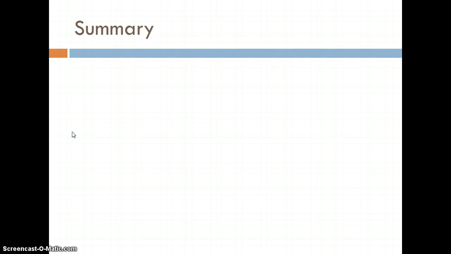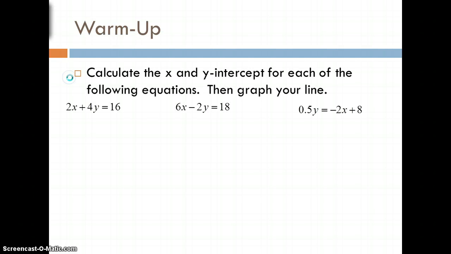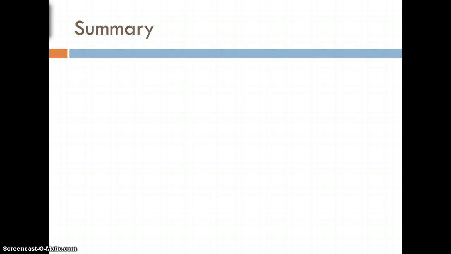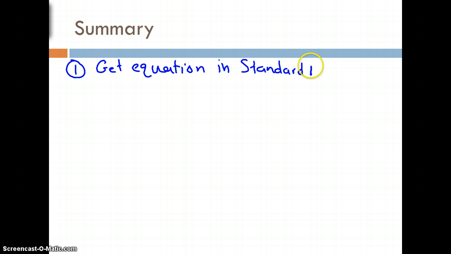So if we summarize this, the first thing we'd have to do is get the equation in standard form. And remember, that is something x plus something y equals a constant.